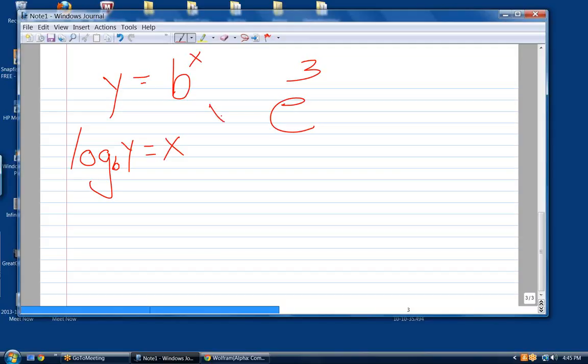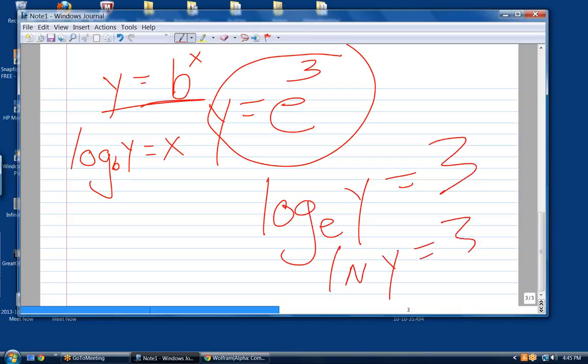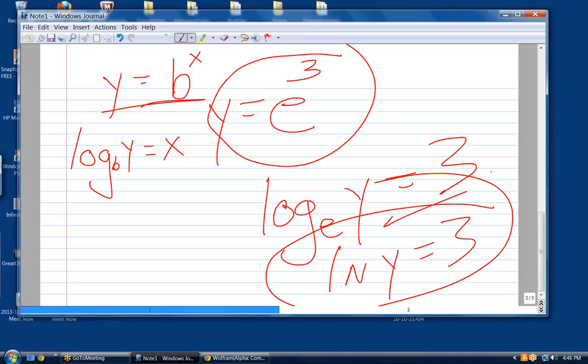If they did, I'd say y equals e cubed. That's this format here. So therefore, log base e of y equals 3, which is natural log of y equals 3. So if they want anything other than an exact number, this would be the logarithmic expression of that.